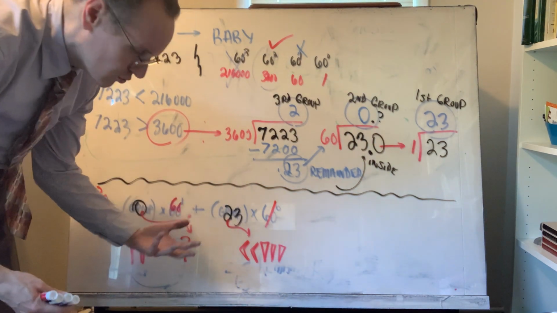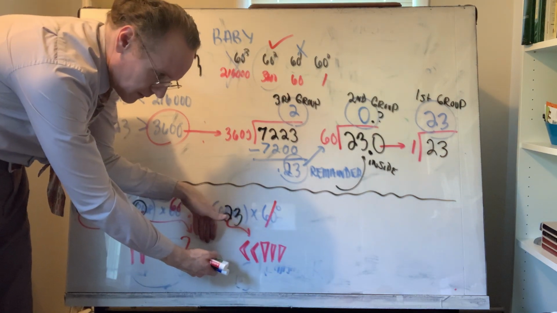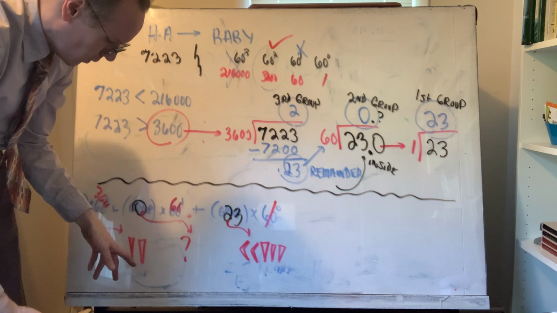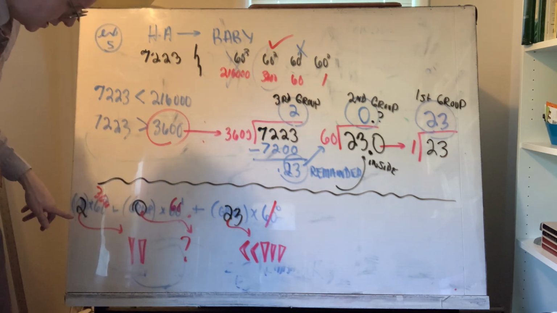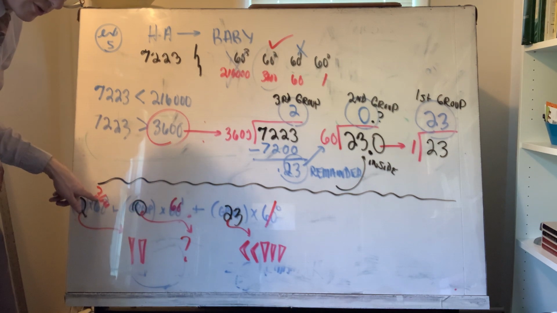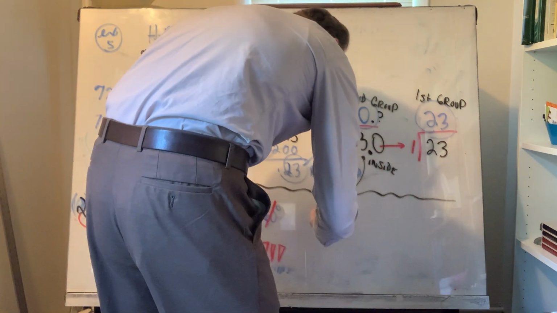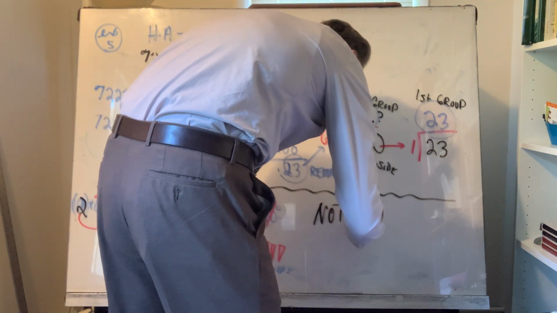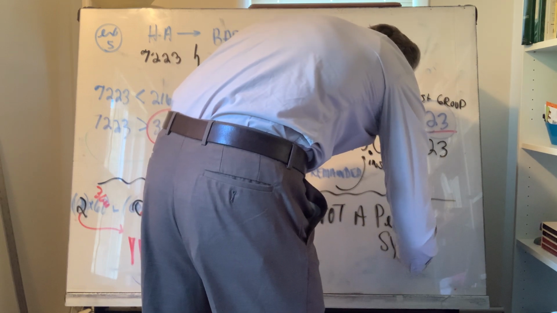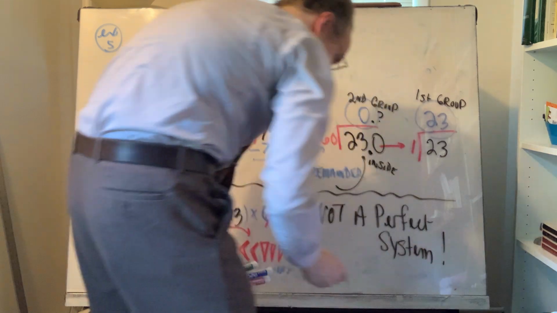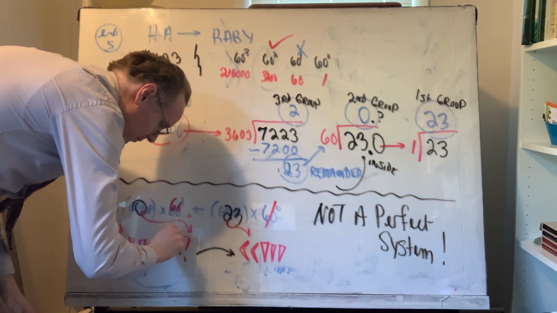If the scribe who was writing this put these things a little bit closer though, the ambiguity would be that, oh, well then it's 2 times 60 instead of what it really should be, which is 2 times 3600. You see what the problem is, all right? The point of this is meant to illustrate this was not a perfect system. The only thing that you could really do to compensate is to make an extra wide gap.